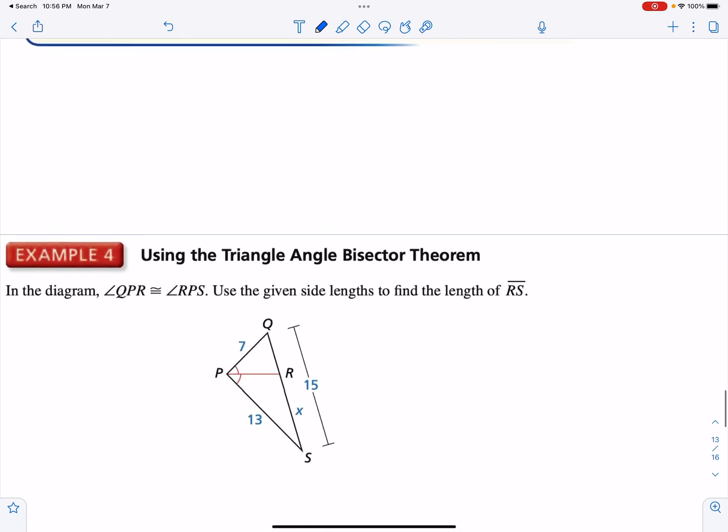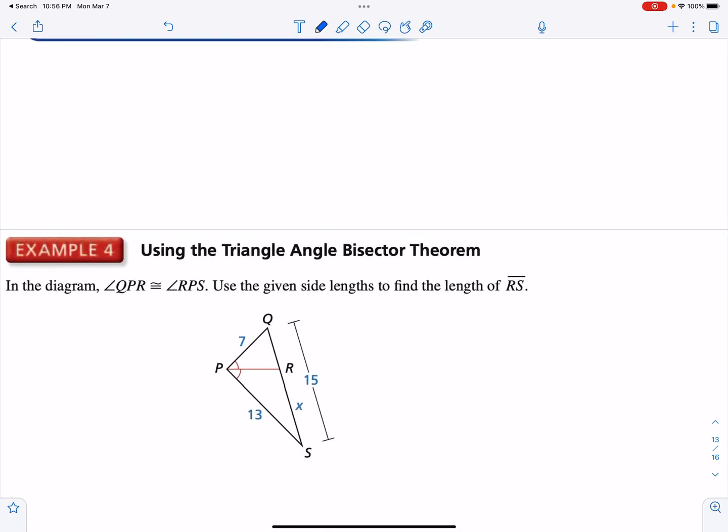Okay, so in our example here, we have our side that's being bisected. Now this one's kind of a tough one because we're going to end up with multiple x's. So let's label our segments first. P is being bisected. We have RS over the other side, QR, should be equal to 13 because that's the adjacent side where RS is over, well, let's call it PS to start with.